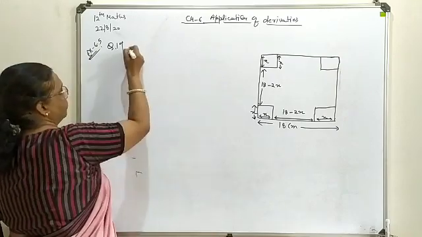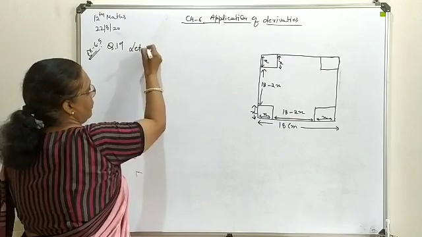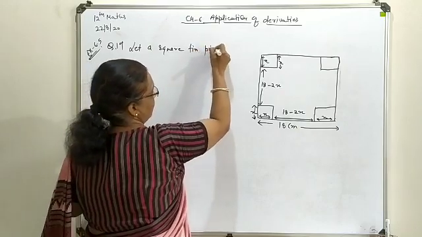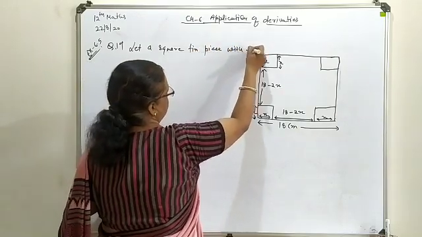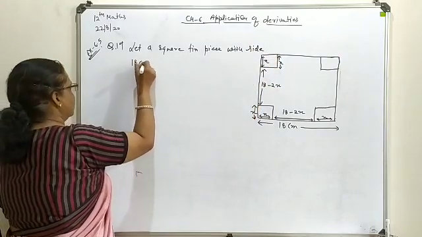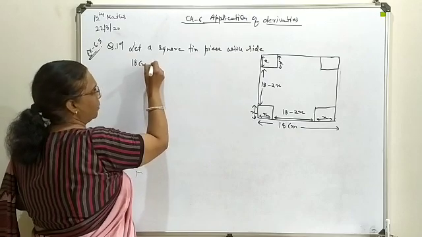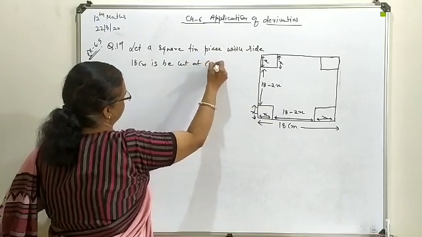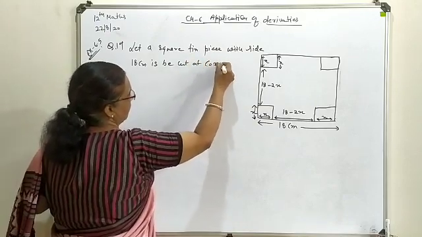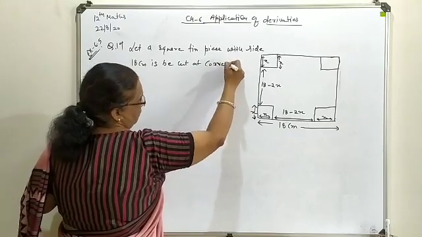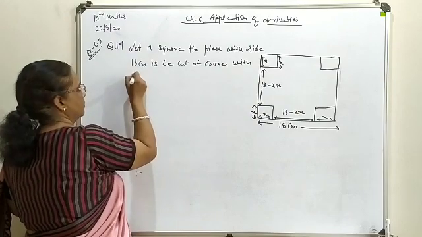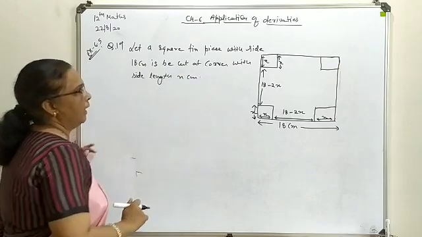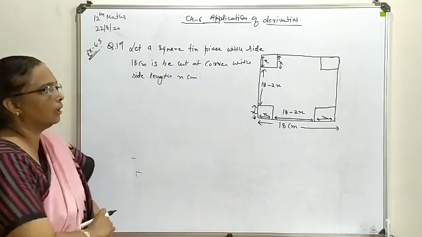So let a square tin piece with side 18 centimeter be cut at each corner with side length x centimeter, squares being cut at each corner.